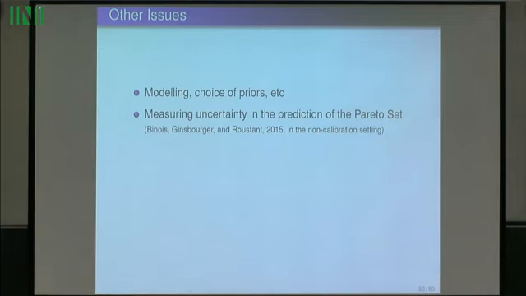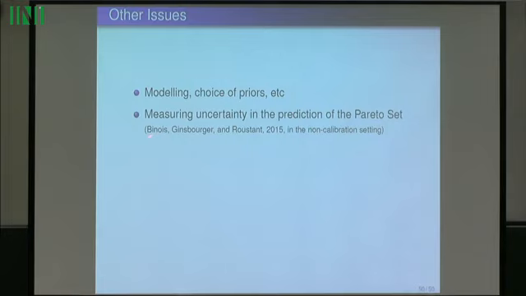Then other issues that I haven't even touched on that other people have in the conference, well, some of it. The modeling issues, all I've done is taken this very simple Gaussian process models. Haven't talked about choice of priors. Measuring uncertainty in the prediction of the Pareto Front and the Pareto set.